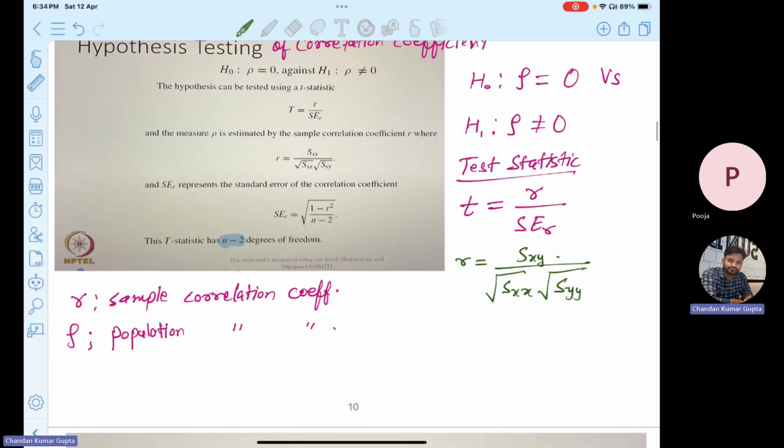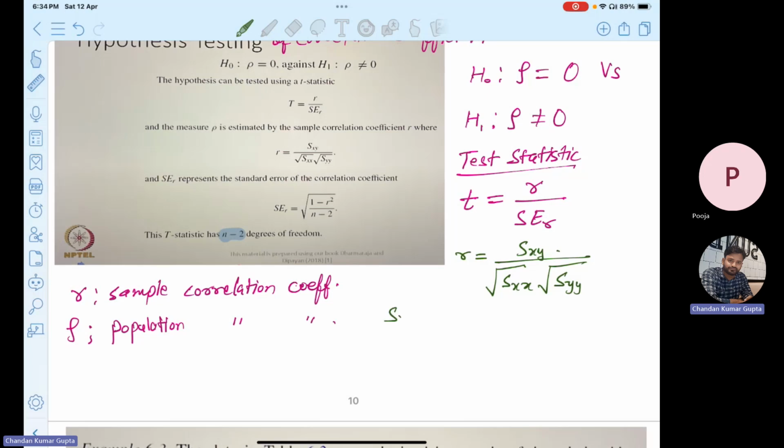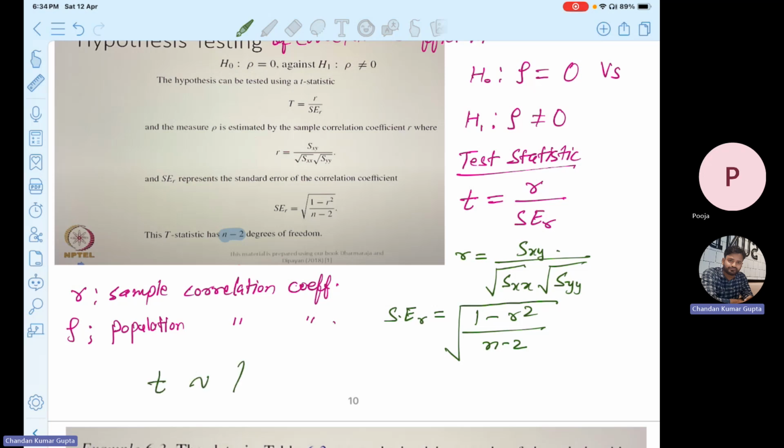The standard error of R is defined as the square root of 1 minus R squared divided by n minus 2. This T follows a T distribution with n minus 2 degrees of freedom. This is how we proceed with the test.